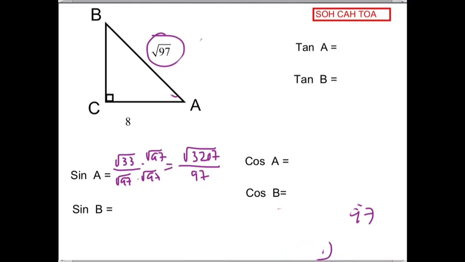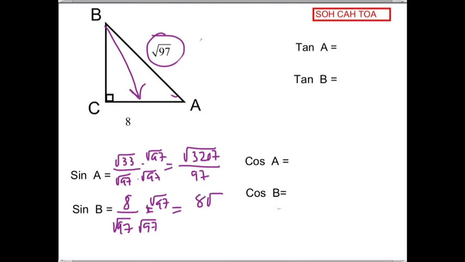Okay. All right. So the sine of B is going to be opposite of B, which is 8, over the hypotenuse, square root of 97. That becomes, if I rationalize the denominator here, 8 times the square root of 97 all over 97. Okay.